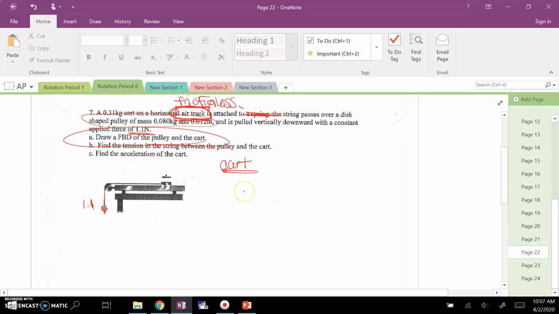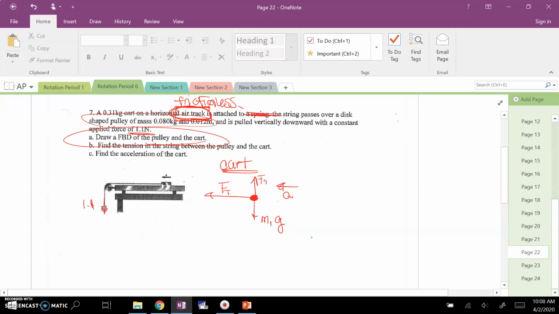Okay, so for the cart, you have this tension force, Ft. And then you have force of gravity of the cart. I'm going to call it M1G, and the normal force. Okay, and this thing is accelerating to the left.